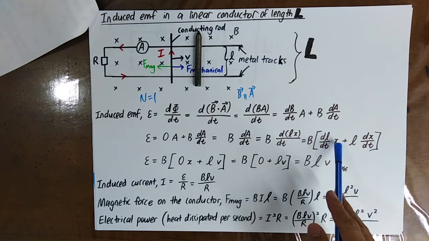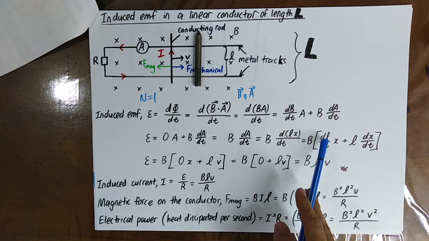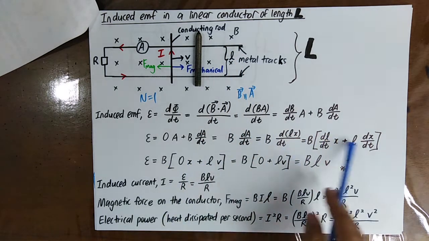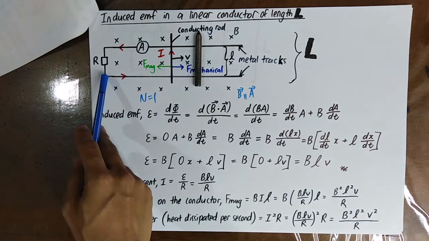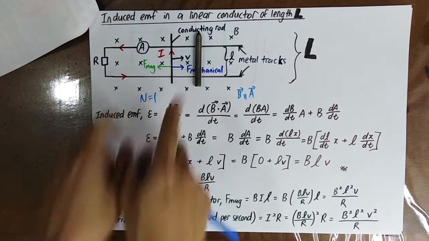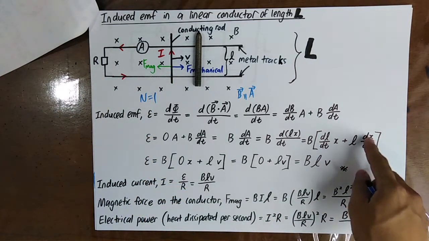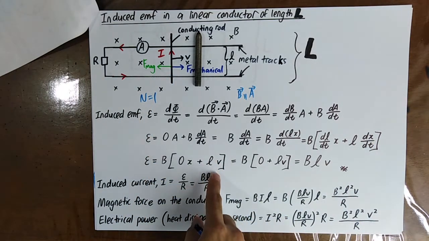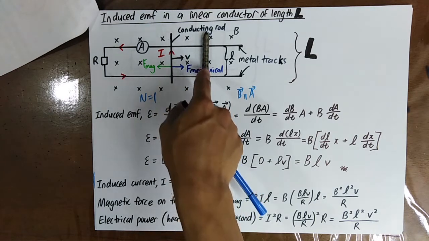So what is dl over dt? The length between metal tracks is a constant, so dl equals 0. dx over dt, where X is the displacement. Let's say here is x1, here is x2. Then dx equals x2 minus x1. So actually dx over dt equals the velocity, the moving velocity of the moving conducting rod.